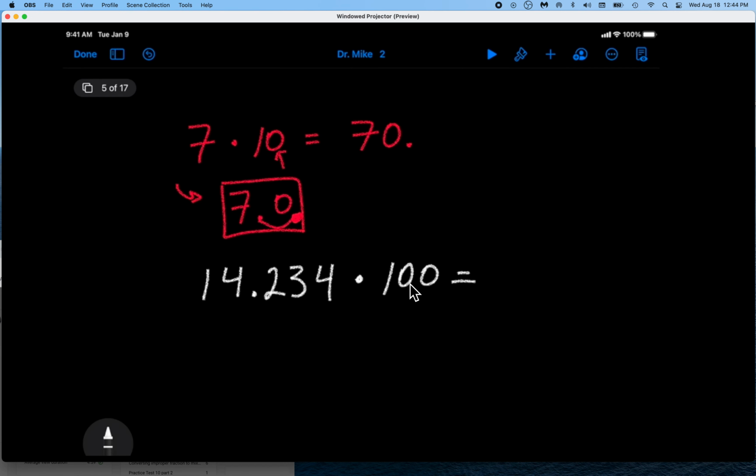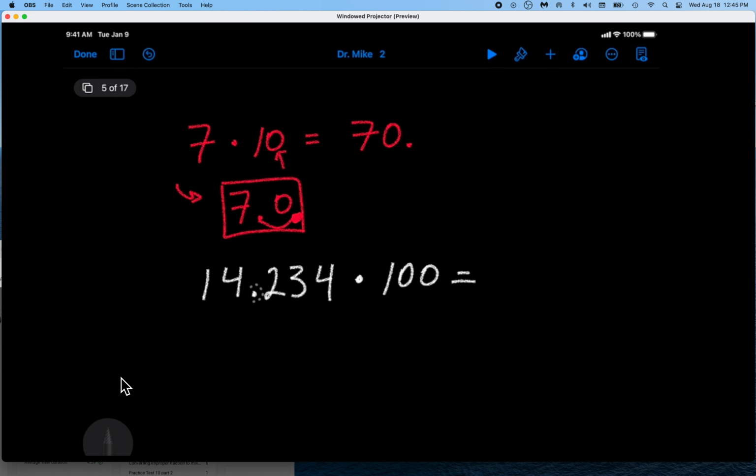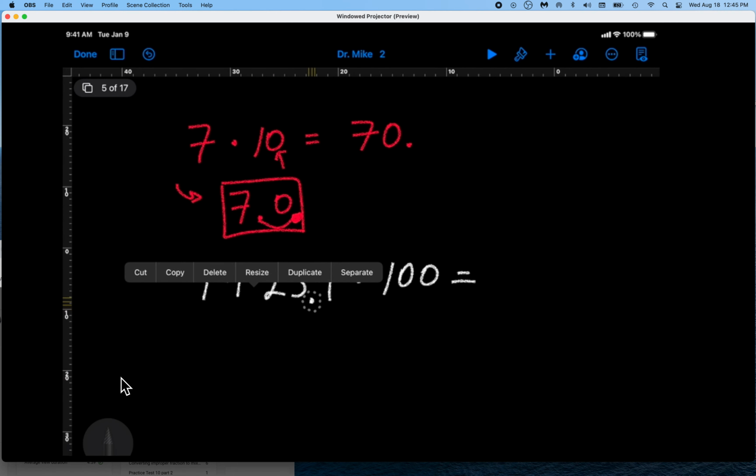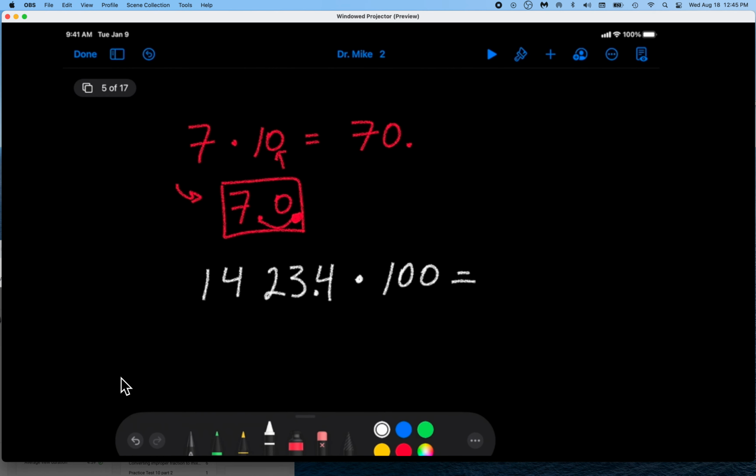We're multiplying by 100. Our final answer has to be bigger. How much bigger? 2 decimal places bigger because there's 2 zeros. I'm going to take this decimal place. We're going to move it to the right such that it makes the number bigger. 1, 2. It's going to go right there. Final answer.